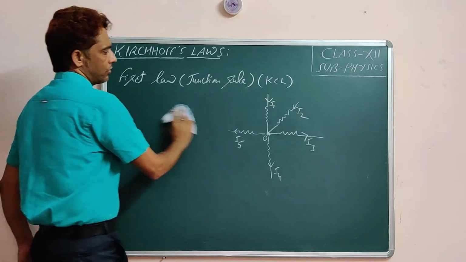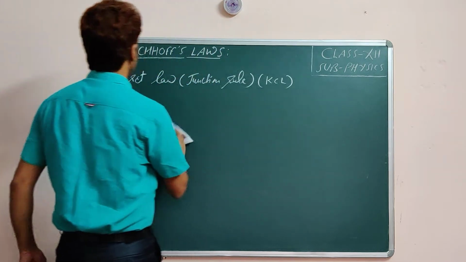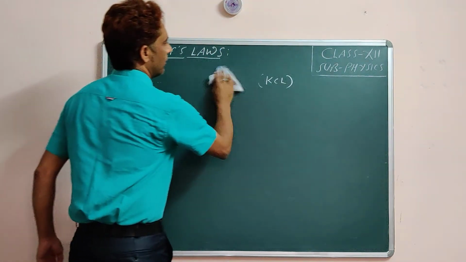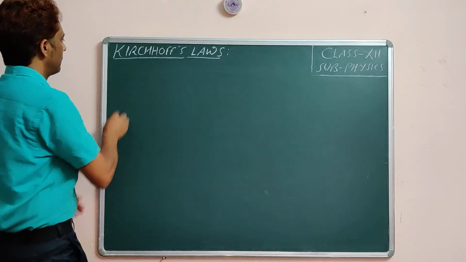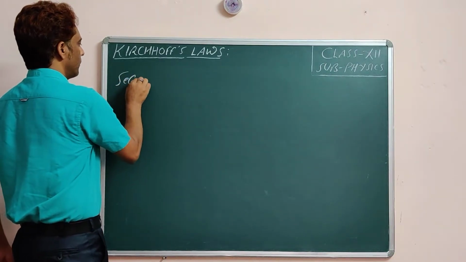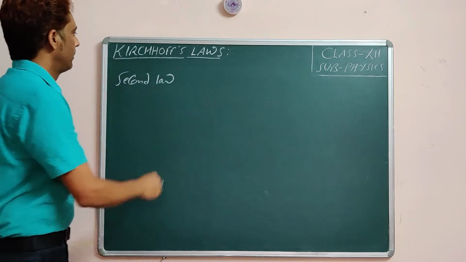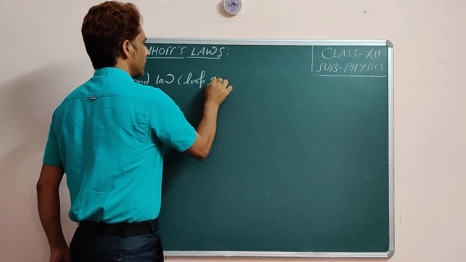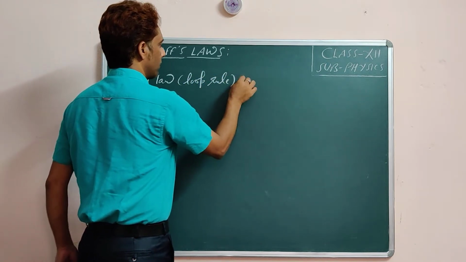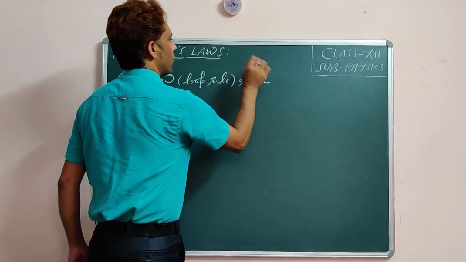Second law is voltage law, which is also known as loop rule, or KVL, Kirchhoff's voltage law.